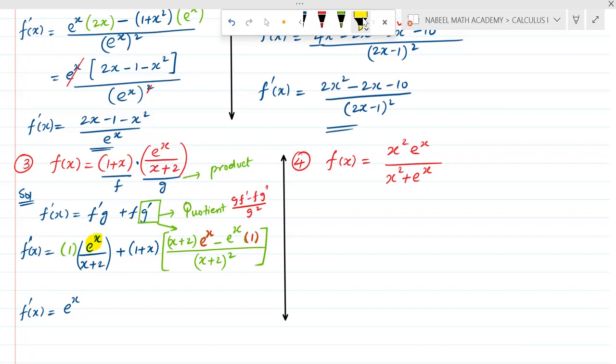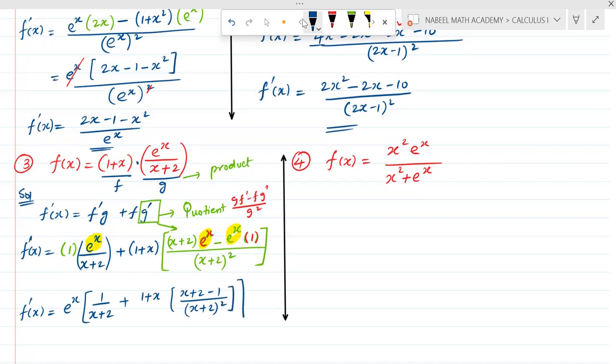So I will take e power x common. What is the remaining term? The first term is 1 over x plus 2. The next term 1 plus x, and the remaining x plus 2 minus 1 over x plus 2 whole square. So this is the second term.